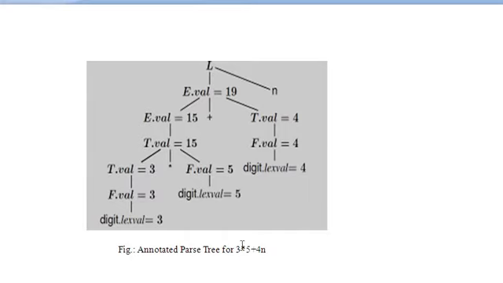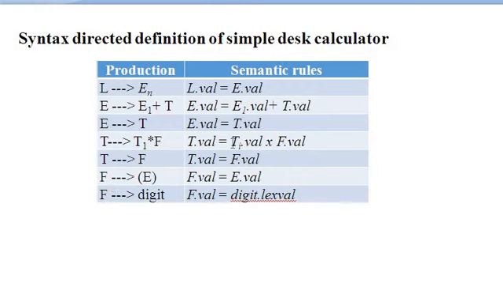Next is the input symbol star, then 5. So digit dot lexval is equal to 5. F gives digit, so F dot value is equal to 5. Here, T dot value into F dot value. Do you have any production like that? Yes, T gives T1 star F. So T1 dot value into F dot value will be stored in T dot value.